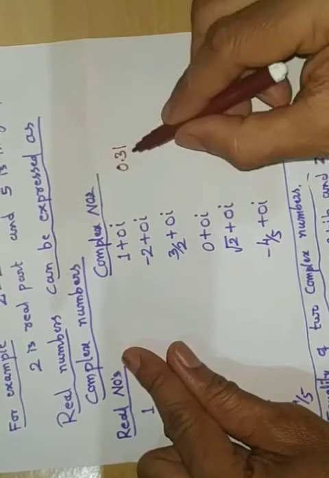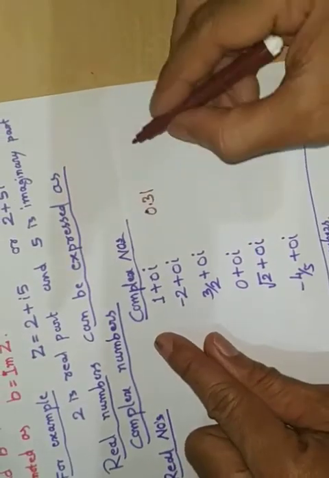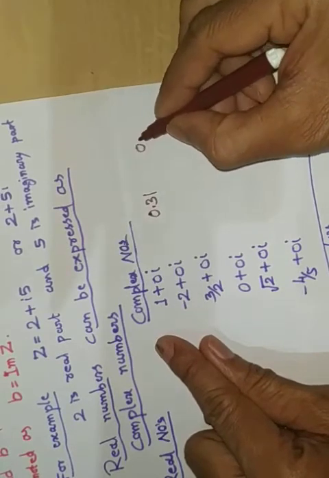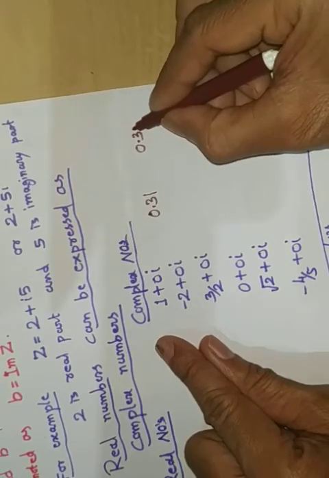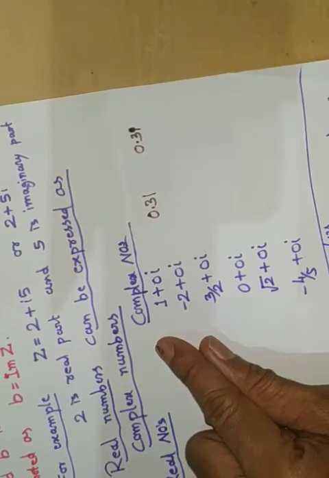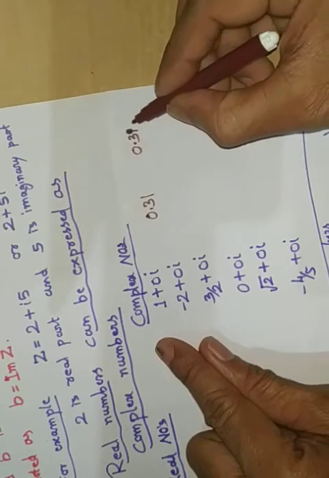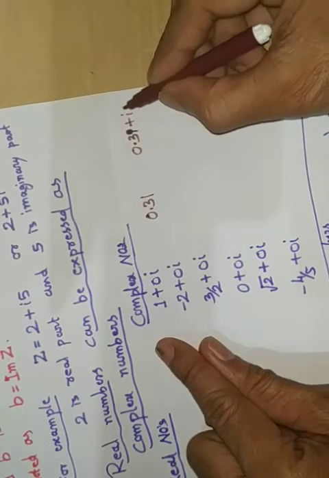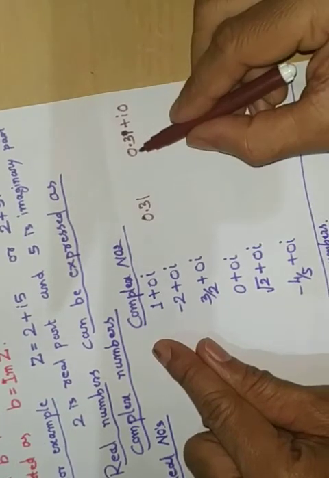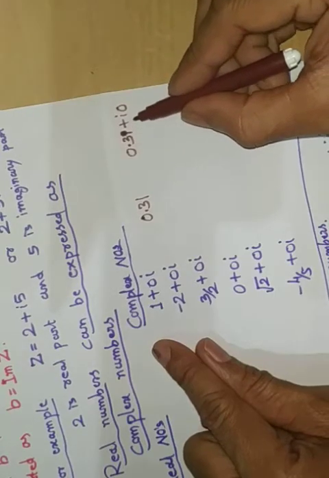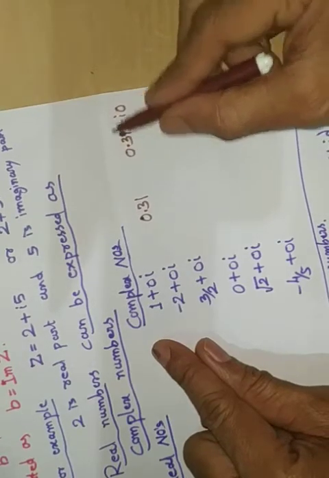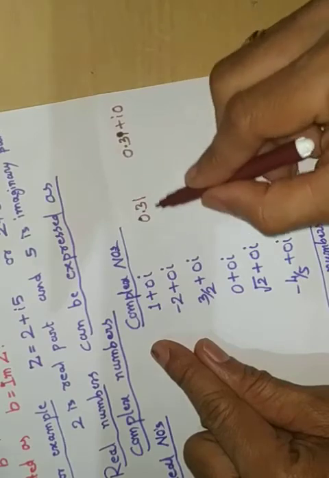How can we express this as a complex number? It is 0.31 plus 0i, which is the complex form of this real number.